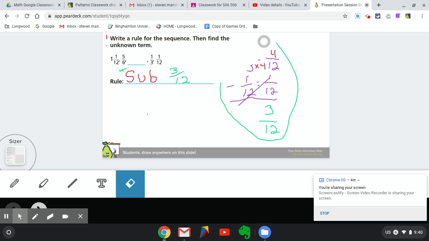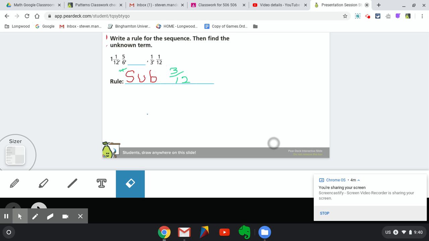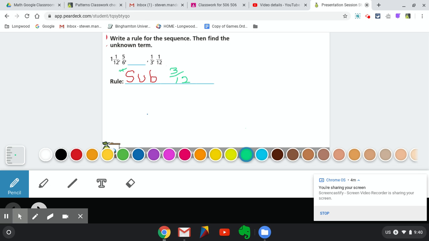So now that we found the rule, that's not the whole problem here, right? So it asks us to find a rule and then fill in the unknown term, that means number, for that sequence. So I'm just going to go over here and erase so I can have more space to do work. So now all we're going to do is apply the rule, subtract 3/12.